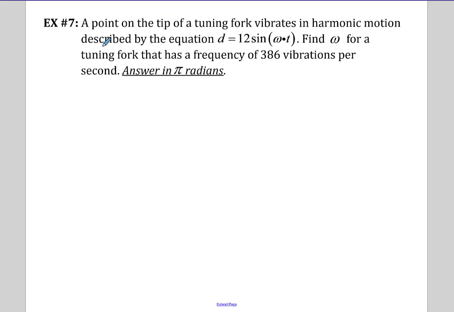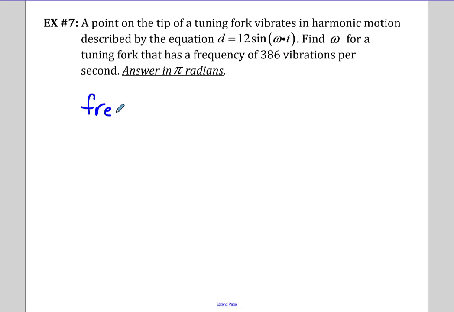Let's say we have a point on the tip of a tuning fork that vibrates in harmonic motion described by the equation d equals 12 sine omega t, where the tuning fork has a frequency of 386 vibrations per second.